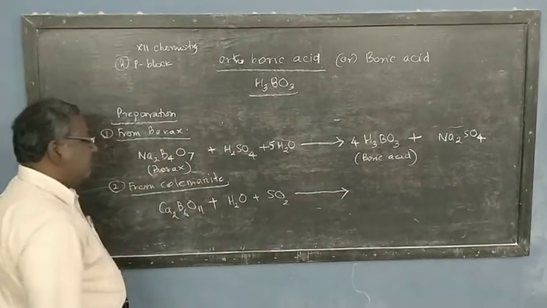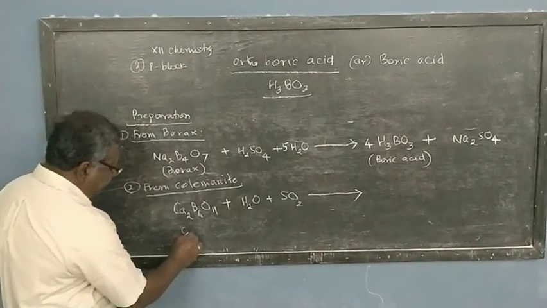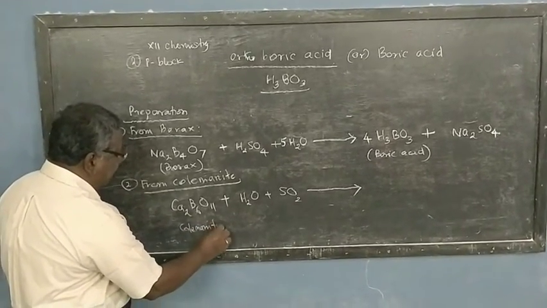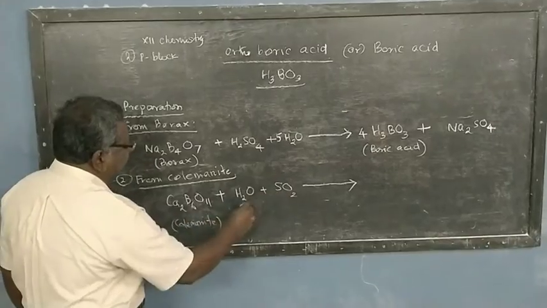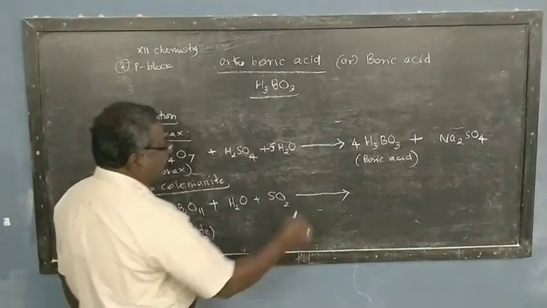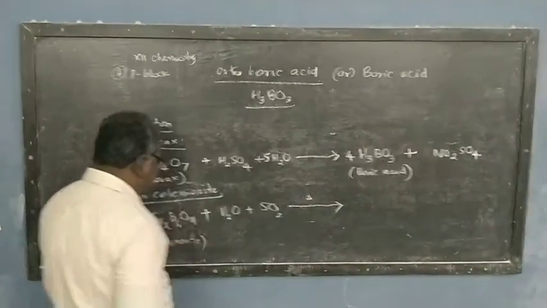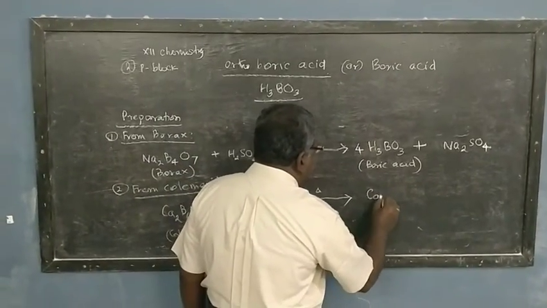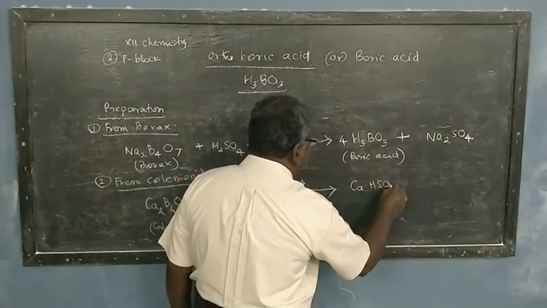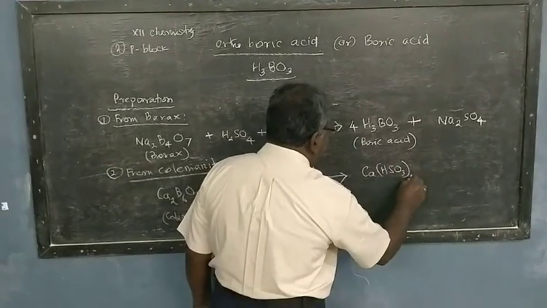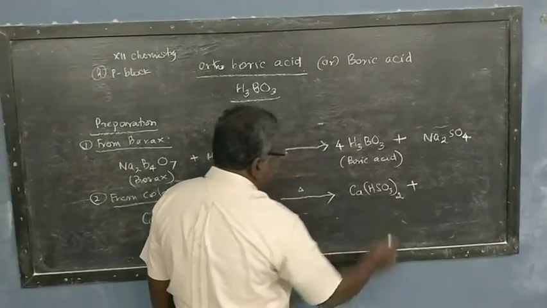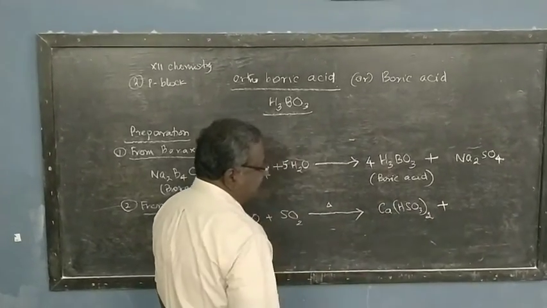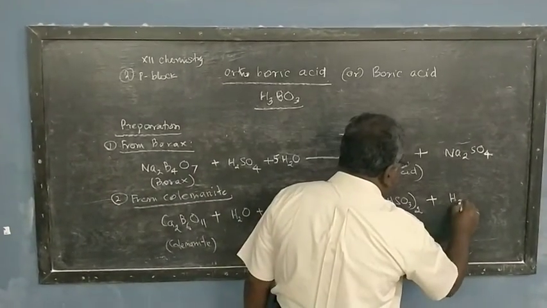So you have to take colemanite, powder it, mix it with water, and then sulfur dioxide is passed and the solution is boiled. Right? Then this leads to the formation of calcium hydrogen sulfite. This formula you have to write carefully. This is calcium hydrogen sulfite, and along with that it forms boric acid.